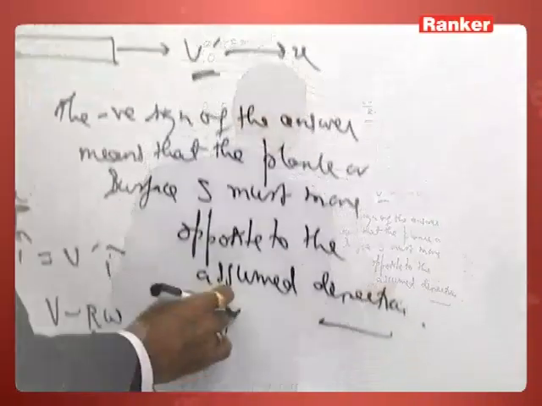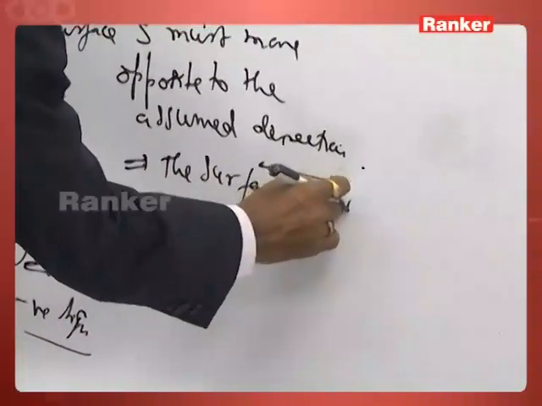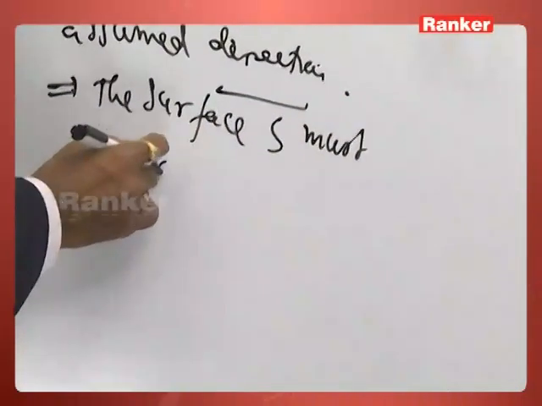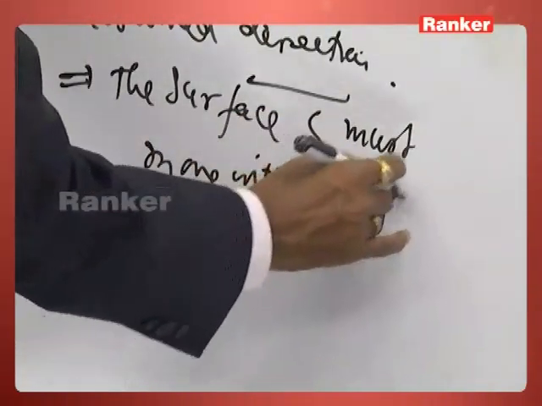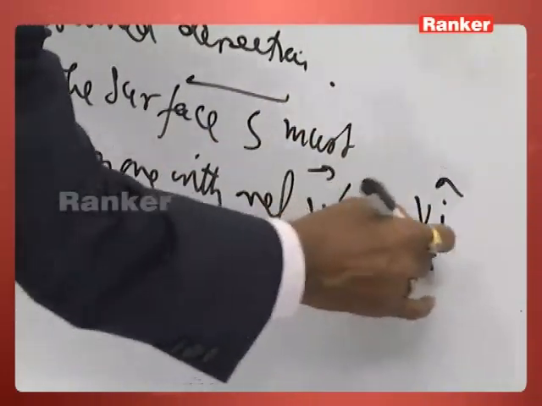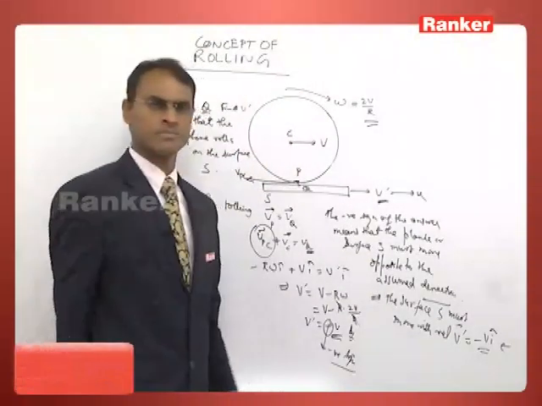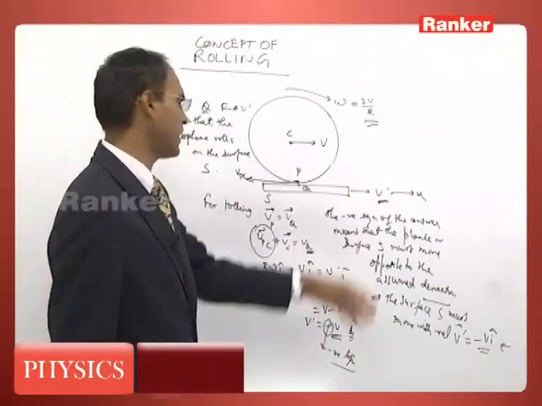Therefore, the surface S must move with velocity V dash is equal to minus V i cap in negative x direction. This surface should move in this direction, not in this direction.